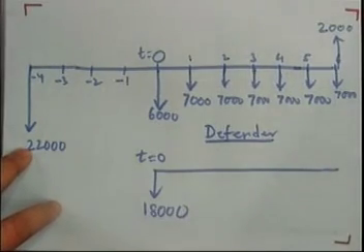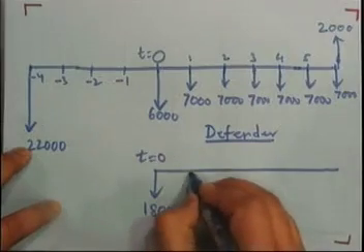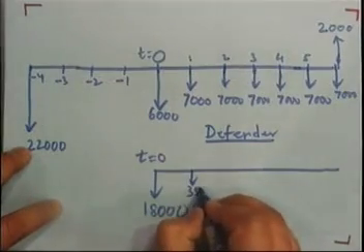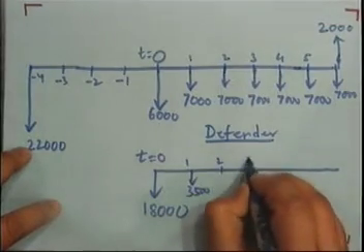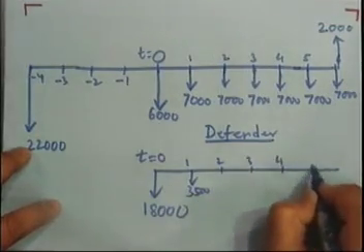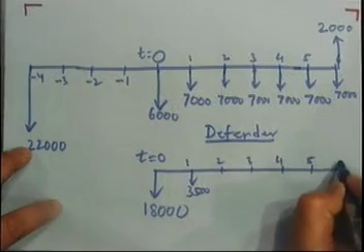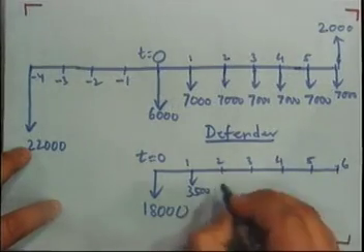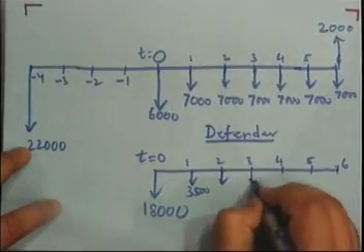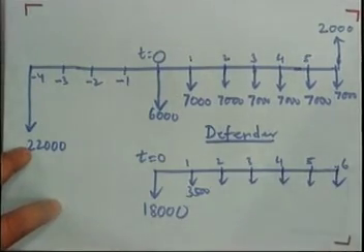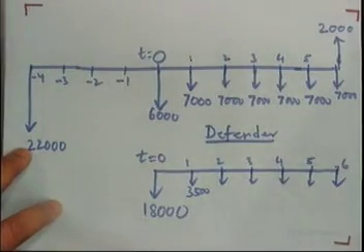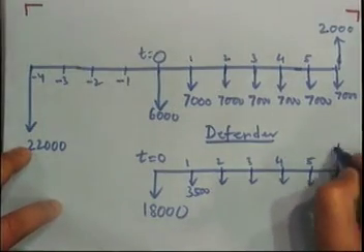What is its operating cost? 3,500. Year 1, 2, 3, 4, 5 and finally 6. Every year 3,500. And what is the salvage value I am expecting? Rupees 3,000.